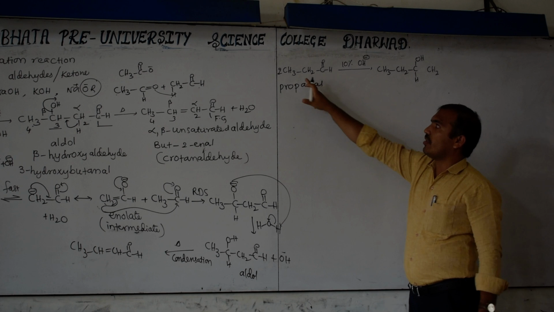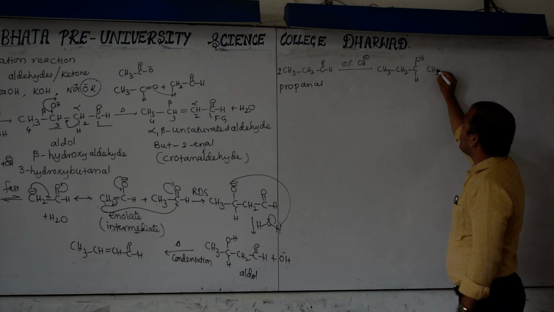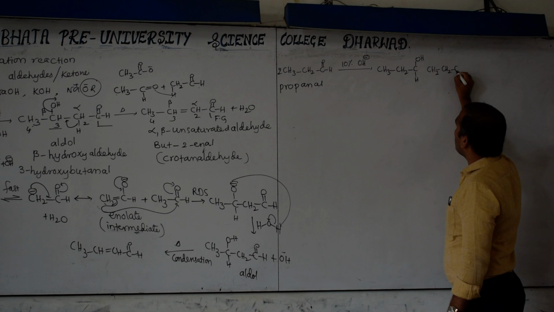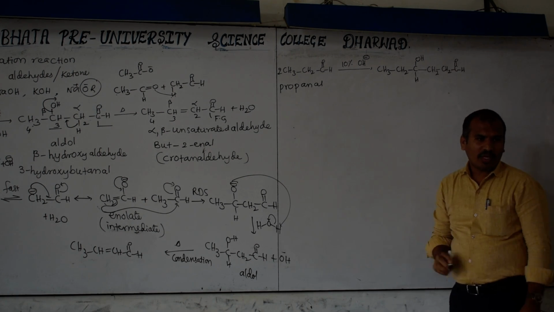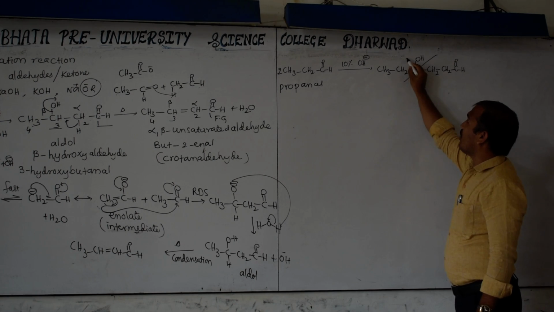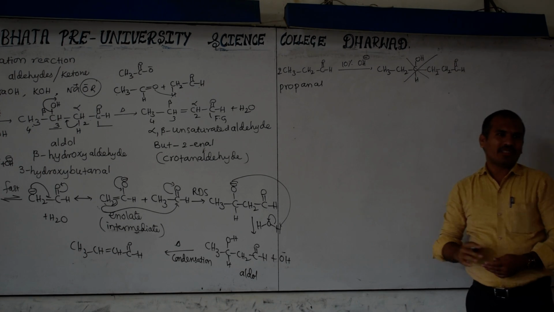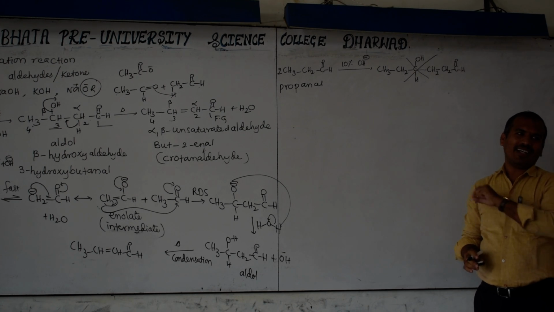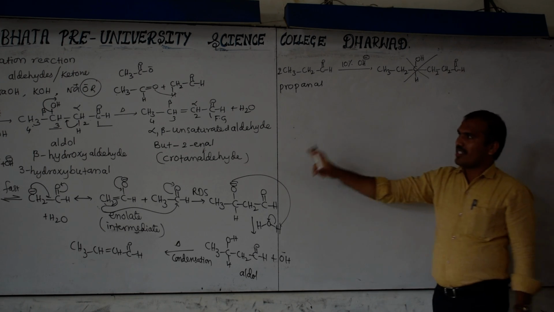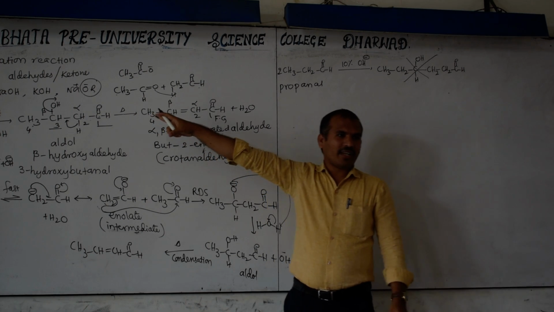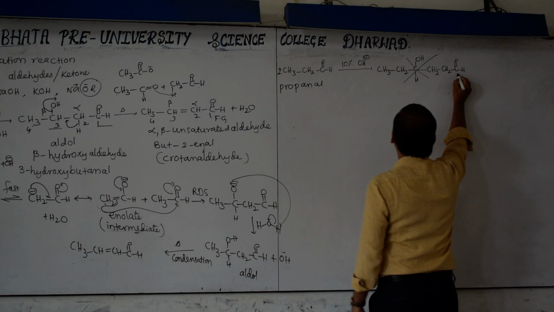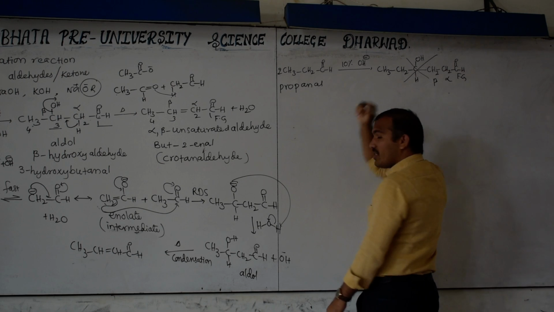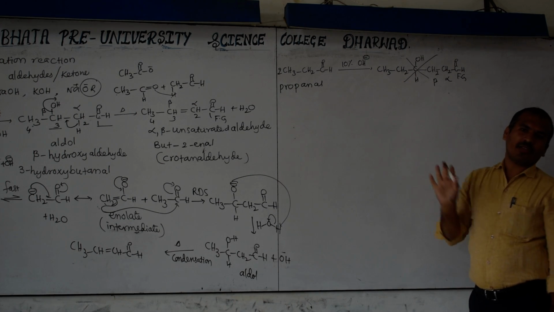One of the hydrogens is gone, and this will be CH2 C double bond OH. Then what is the bond in between? But this is not the product. I always explain the wrong thing first, what the student will do. Our concept compulsorily requires an alpha hydrogen. But which type of hydrogen do we have here? This is the functional group, this is alpha, this is beta. That's why this is not the product.